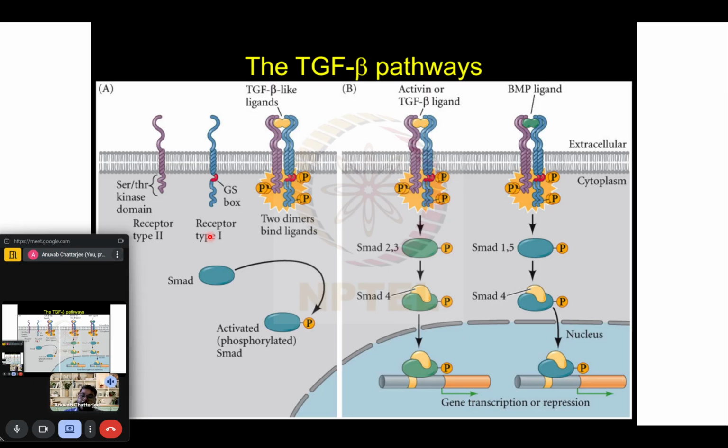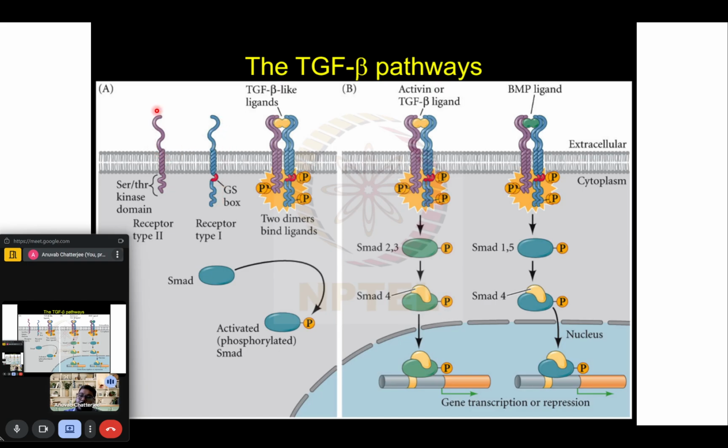But how does it work? When TGF-beta like ligands are around, they bind to receptor type 2, which dimerizes, so two receptor type 2s come together, and this binding of the ligand to two receptor type 2s causes it to go ahead and find a receptor type 1, which also dimerizes with the same molecule.